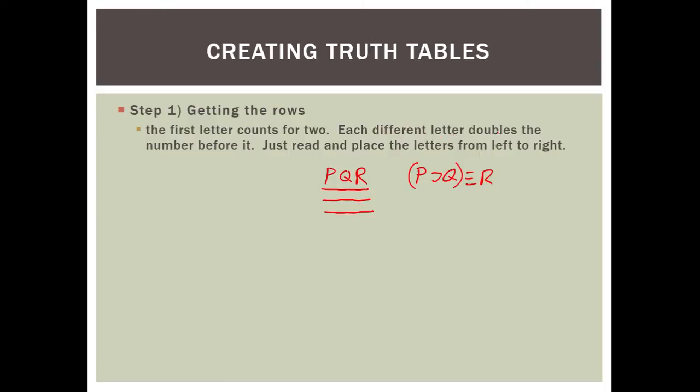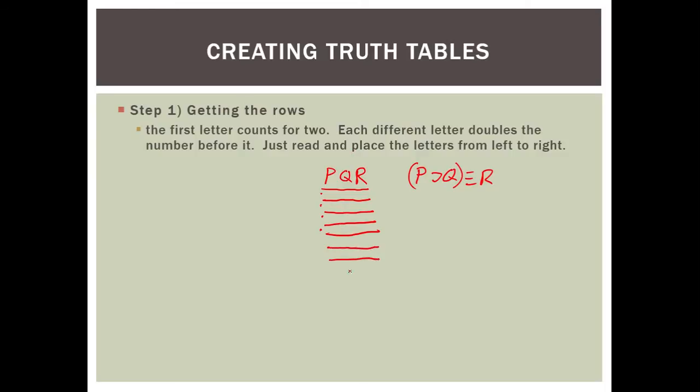Each different letter doubles the number before it. P gave us 2. Q is going to double the number 2, so now we're at 4: 1, 2, 3, 4. R is a new letter, so we double the number before that, and now we're up to 8.